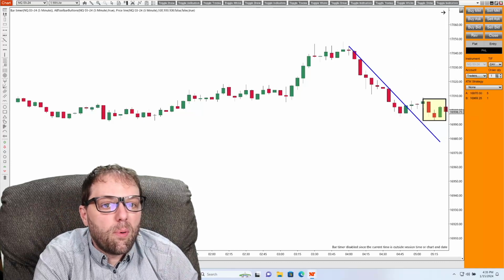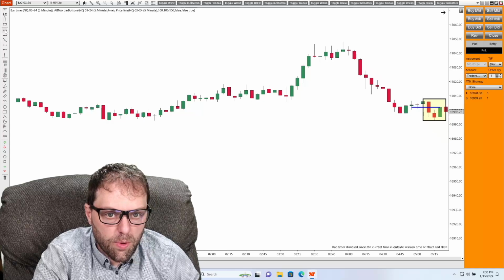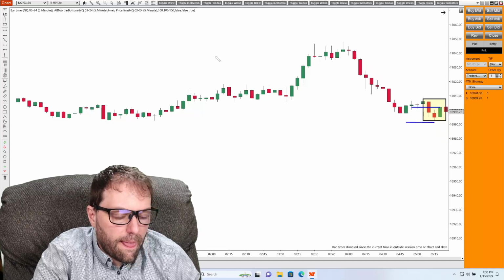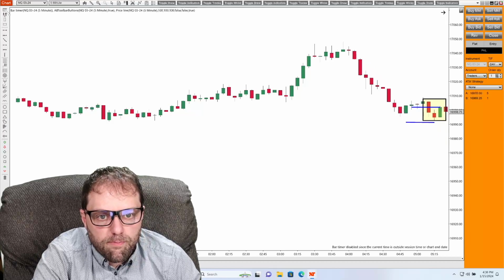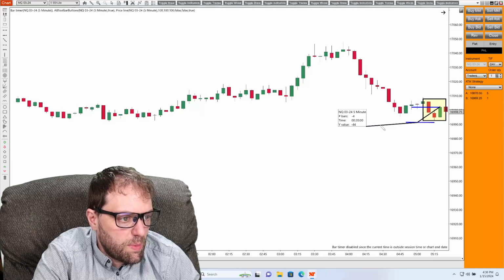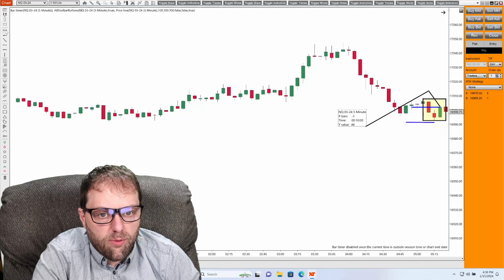So here's an example. If an individual chose to make an entry at the close of this candlestick, one could do so. Place your stop somewhere below that low, and then just measure it out from your point of entry. So in this example, this would be 44 ticks. Right there would be 44 ticks above.